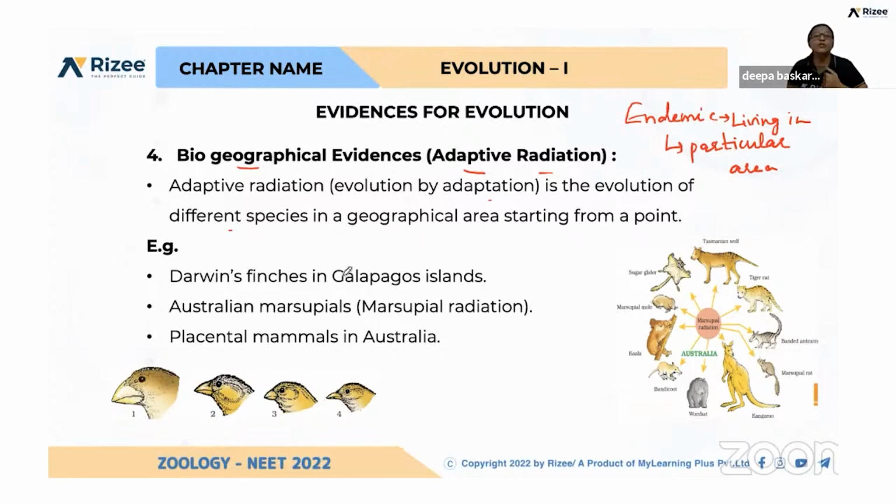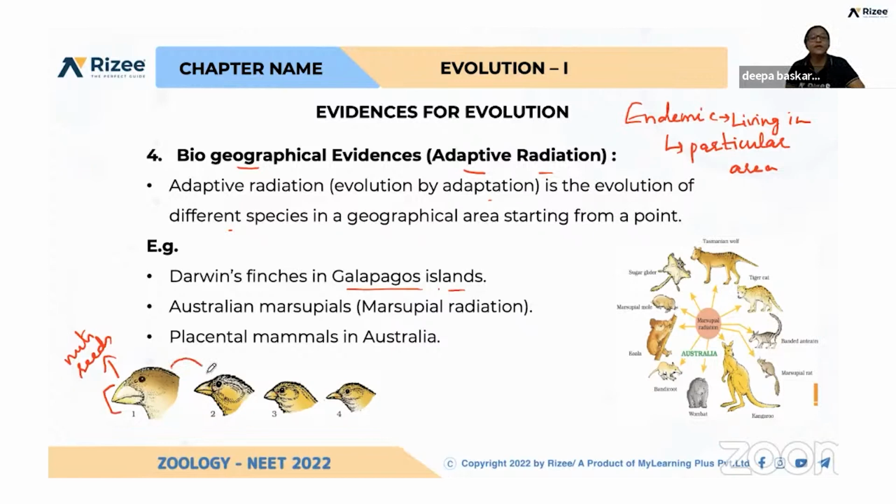For example, Darwin's finches in the Galapagos Islands. When Darwin visited these islands, he found that the beaks of the birds had evolved into different shapes. In the early days, they were eating only nuts, that is, seeds. To carry the nut and eat the seed, the beaks were a little broader.